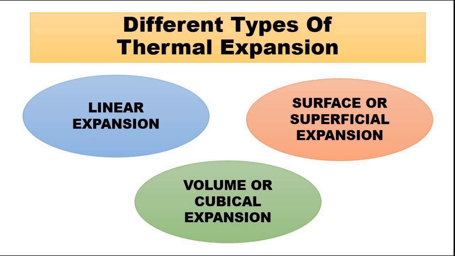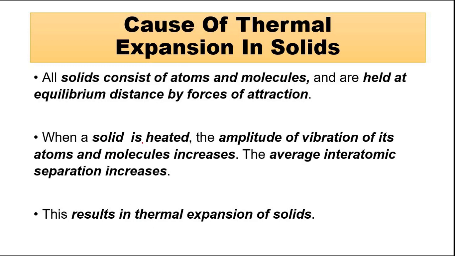So three types. Now before we discuss them in detail, let us try to understand very quickly why solids expand on heating. Here we have to go into their molecular or atomic arrangement.